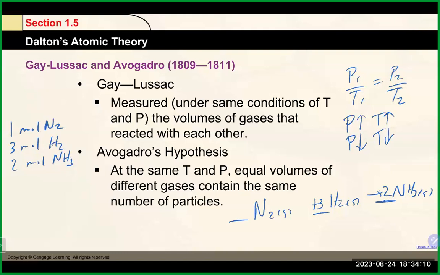And we could say they're equal to each other, right? If we were going to do some type of stoichiometry problem, 1 mole of nitrogen would equal 3 moles of hydrogen.